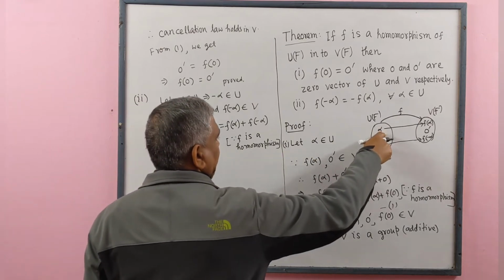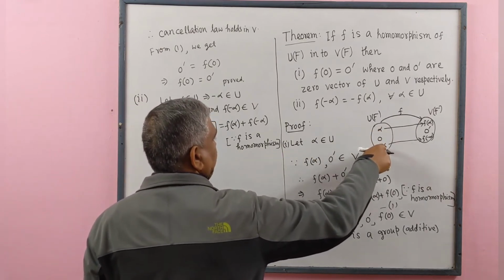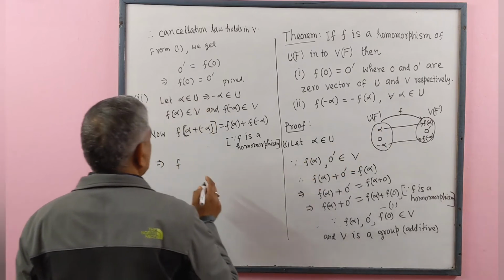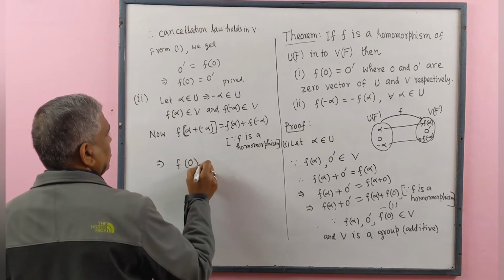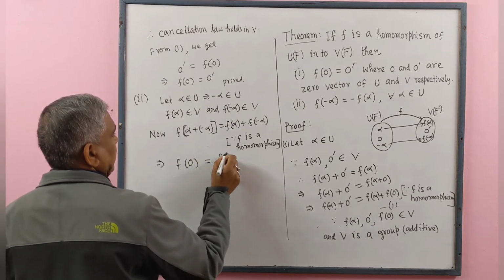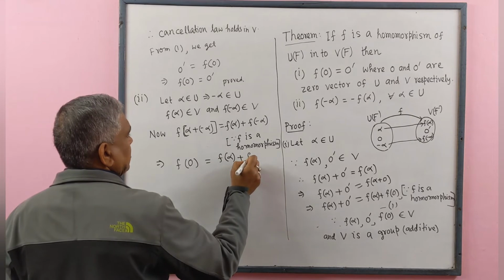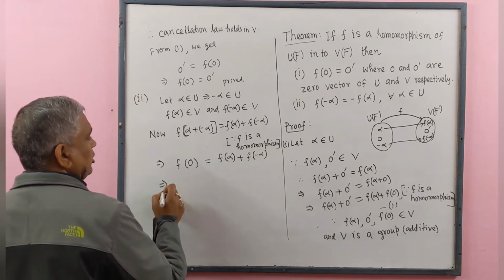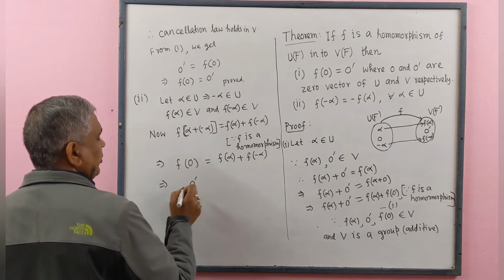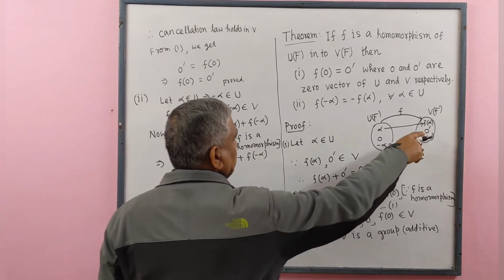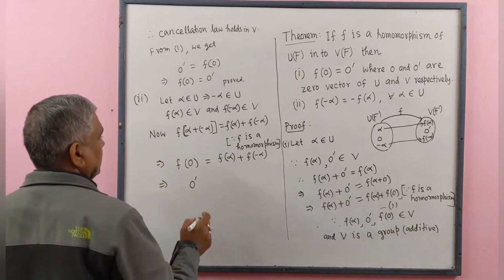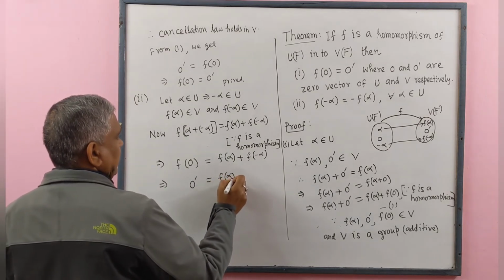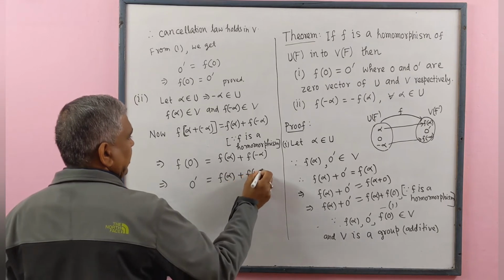Here alpha plus minus alpha is the additive inverse of alpha, that means 0, so F(0) equals F(alpha) plus F(minus alpha), and F(0) is 0 prime, the zero vector of V, equals F(alpha) plus F(minus alpha).